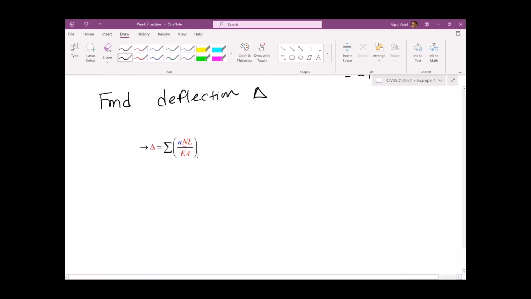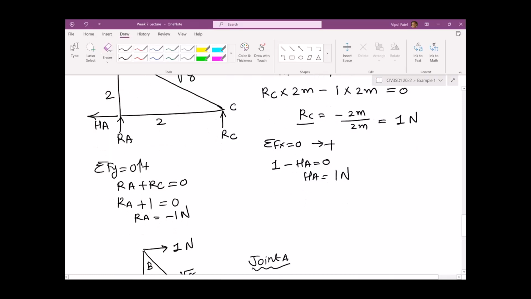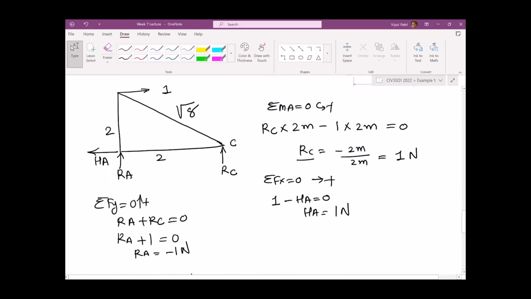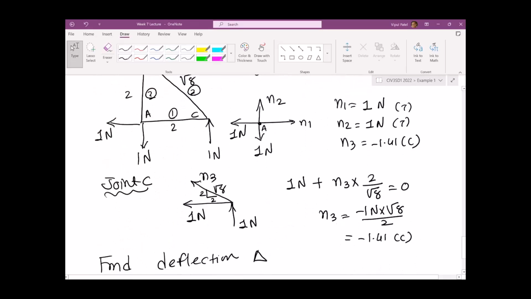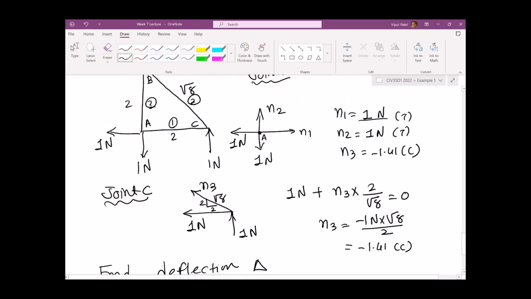So delta is equal to N1 L1 over E1 A1, plus N2 L2 over E2 A2, plus N3 L3 over E3 A3. Where is this 3 coming from? We have a total of 3 members, so we have three different quantities. So let's substitute the values. We calculated n1, which is 1 newton.